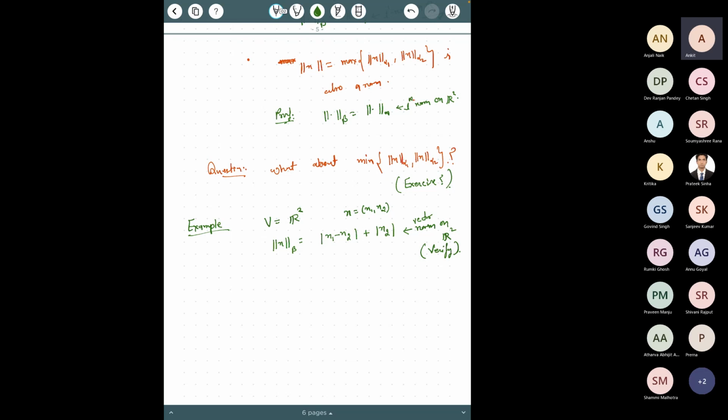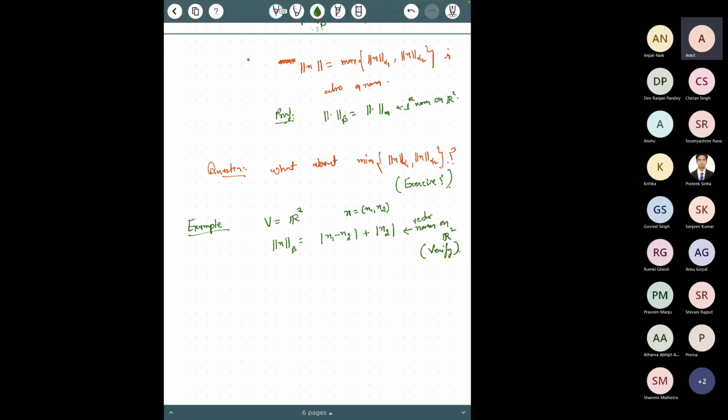So if we look at V as R2, and if we define this function, the norm on V of x, which is defined in this way here, then this is a norm; that is not difficult to check.